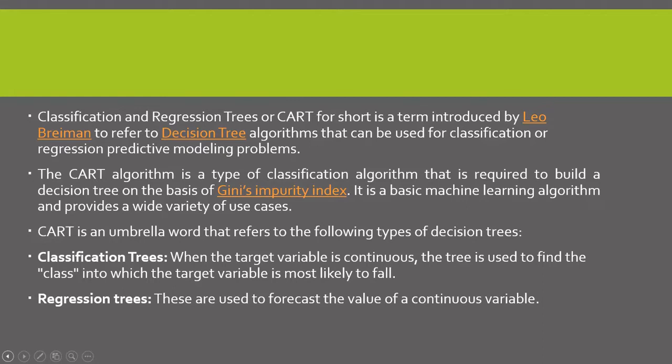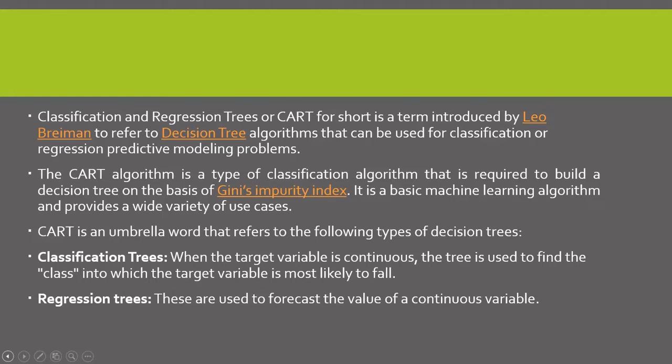Before going to further discussion, let me summarize what has been explained so far. The full form of CART is classification and regression trees, the algorithm which allows us to prepare a decision tree. This is a term introduced by Leo Breiman to refer to decision tree algorithms that can be used for classification or regression predictive modeling problems.